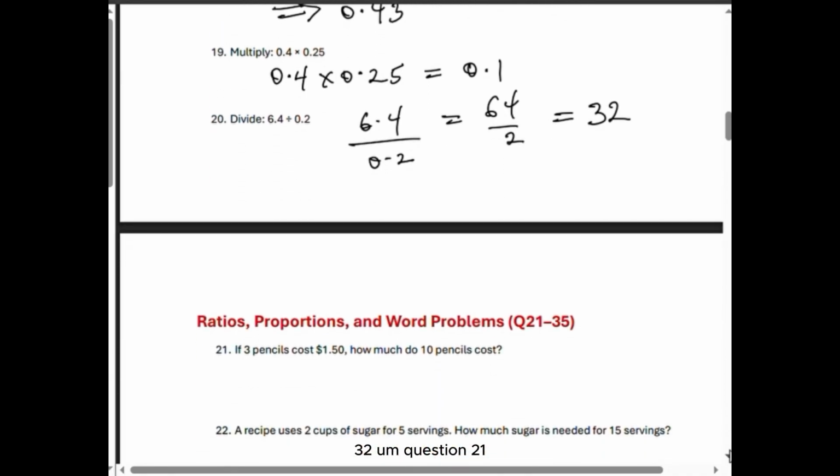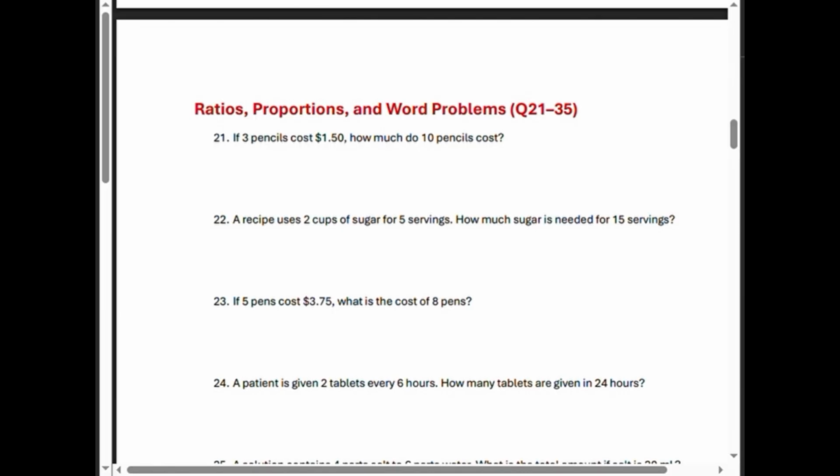Question 21. For the ratios, proportions, and word problems, that's for question 21 and 35. For question 21, you have if 3 pencils cost $1.5, how much do 10 pencils cost?